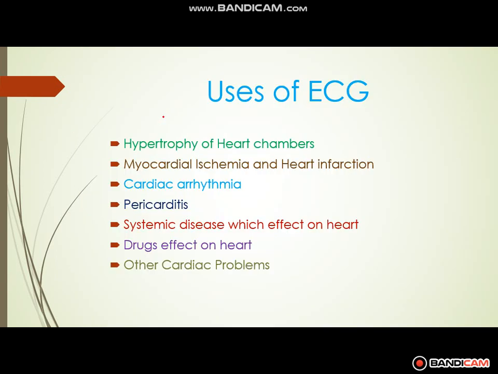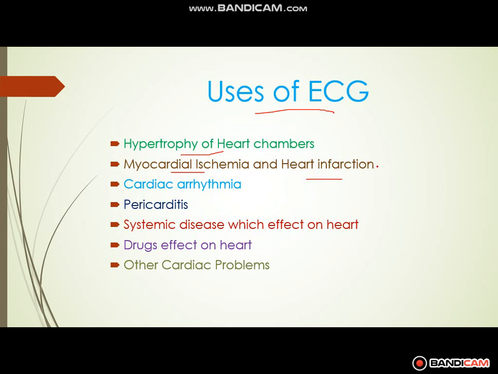First, in the very basic concept, I want to open your mind as to why we are studying ECG. We should know the uses of ECG, that in a very big field we can use ECG in the clinic. We can use it to diagnose hypertrophy of the heart chambers, and also myocardial ischemia and heart infarction.